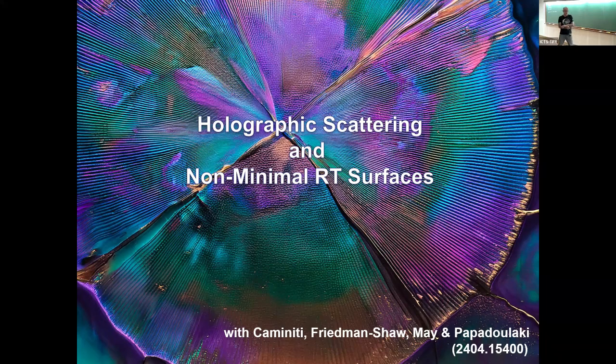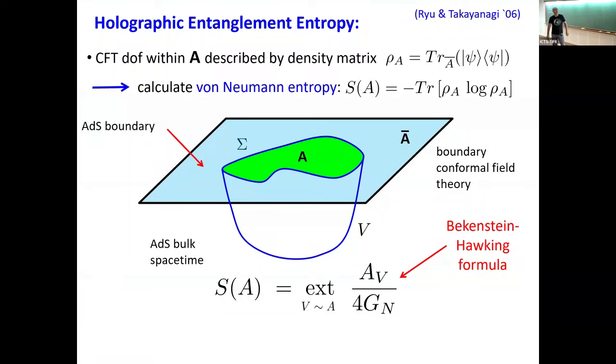So I'm going to start with my favorite slide of all time, holographic entanglement entropy. This is just a quick reminder. I know most of you have been at the school, but the idea is in AdS/CFT, we've got a boundary conformal field theory. We're going to set up an entanglement entropy problem.